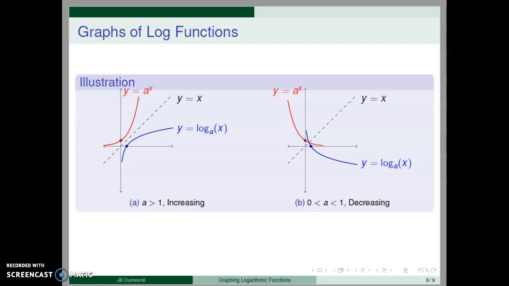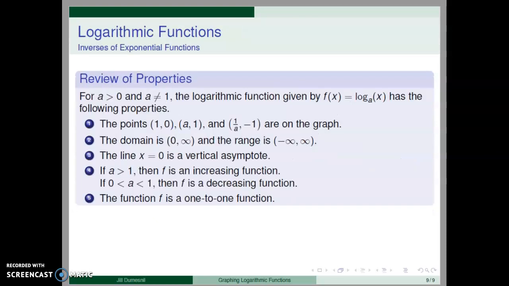These graphs illustrate the properties of the logarithmic functions stated earlier. The points (1, 0), (a, 1), and (1/a, -1) are on the graph of the logarithmic function. The domain is the set of positive real numbers, and the range is the set of all real numbers.